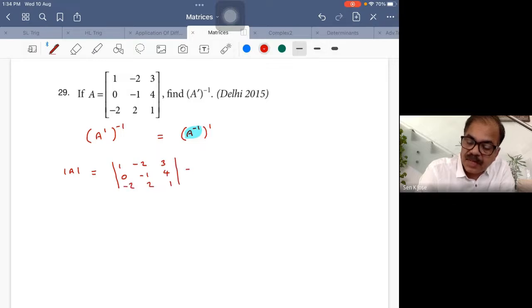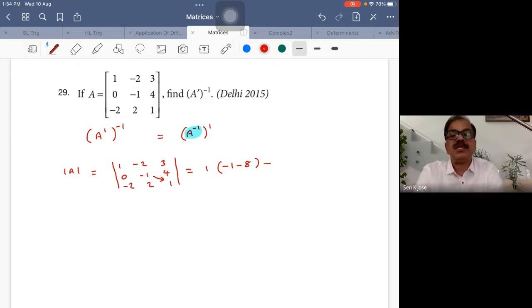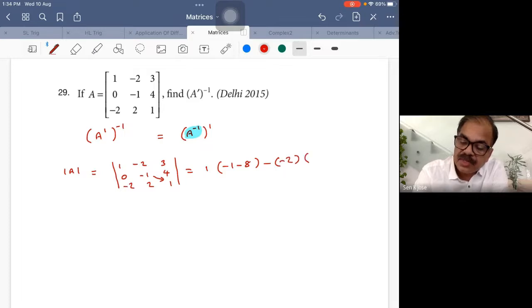Then I start expanding. So 1 into cross multiply, you get minus 1 minus 8. It's always subtraction, so the position sign is negative. Then the element there is negative 2 into its minor. I delete the row and the column it contains, cross multiply. So 0 into 1 is 0 minus minus 8.